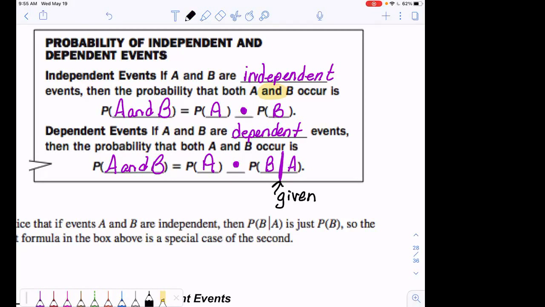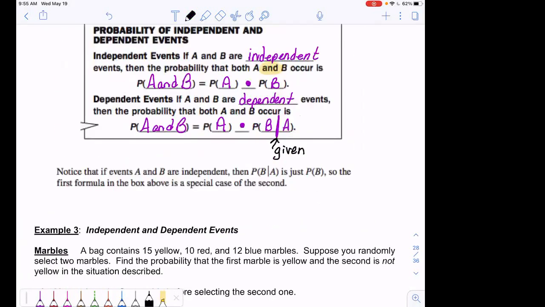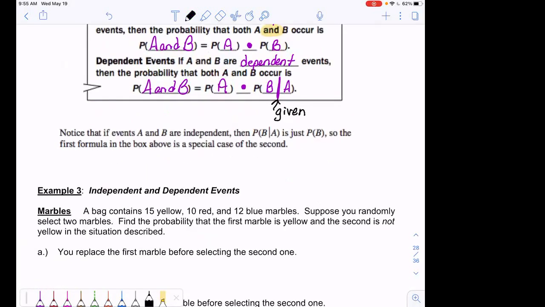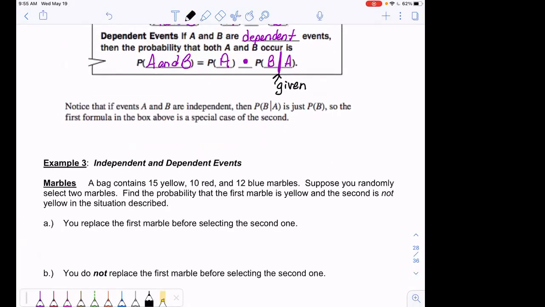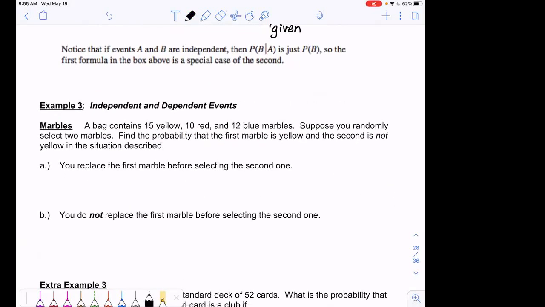So we will be multiplying our probabilities together today. And I'm going to show you how the first one is a little different from the second one. I think you'll find these to be pretty straightforward once we work through a problem or two.